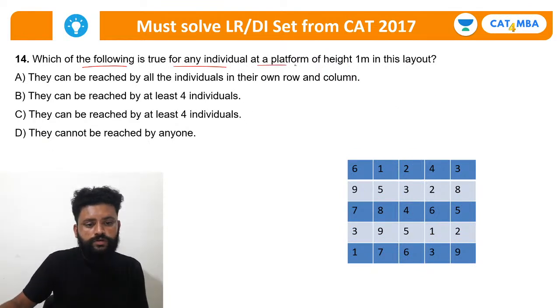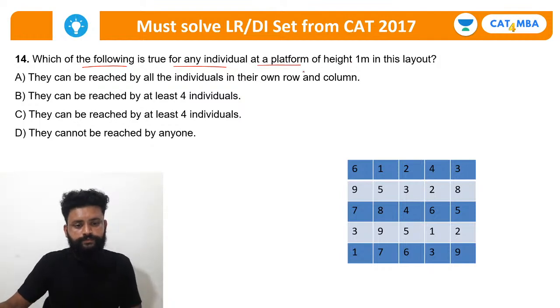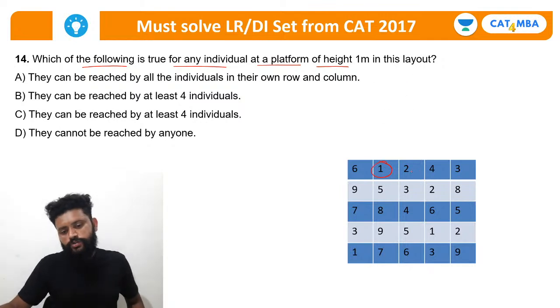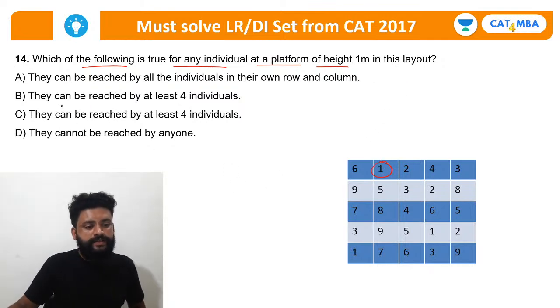Which of the following is true? For any individual platform at height 1 meter. 1 meter पे जो है वहां पे कोई आ नहीं सकता.